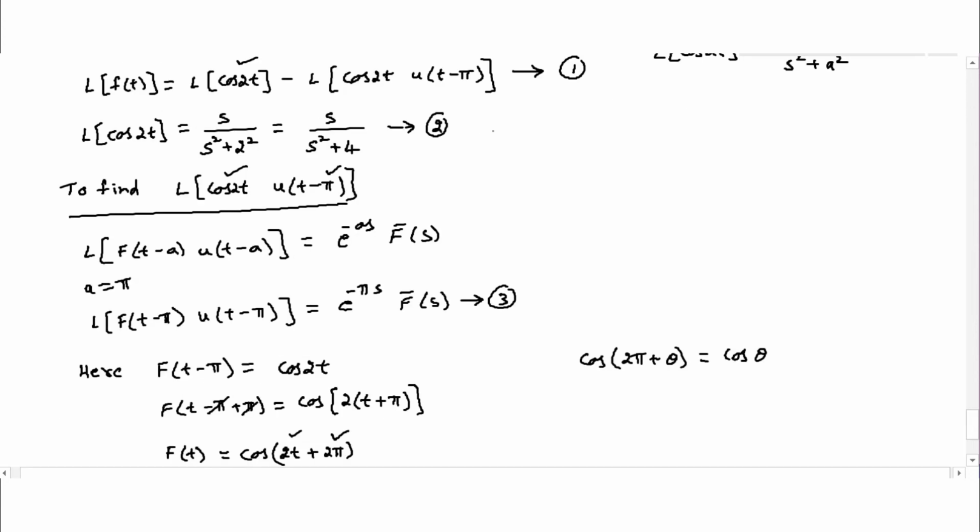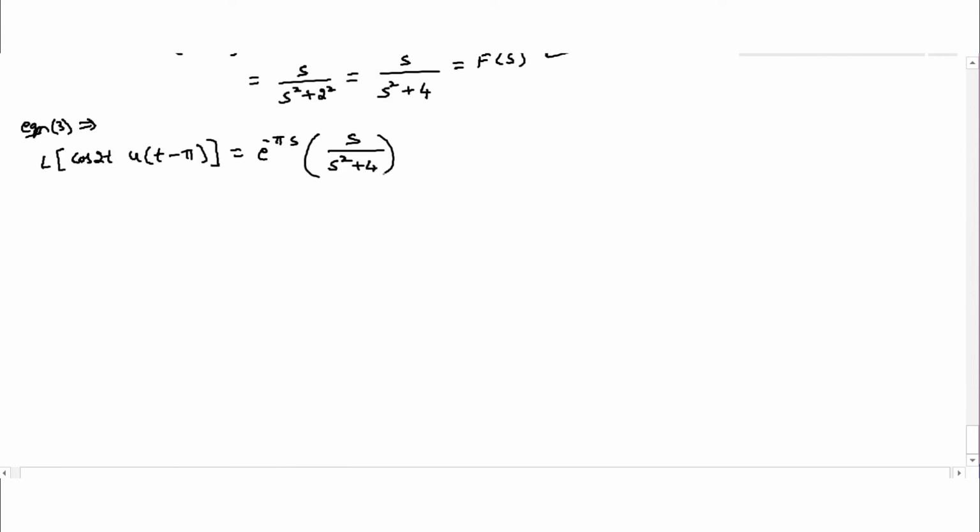So I need to plug in the present equation and this equation number 2 back in equation number 1. Let me take this as equation number 4. So substitute equation 2 and equation number 4 back in equation number 1.